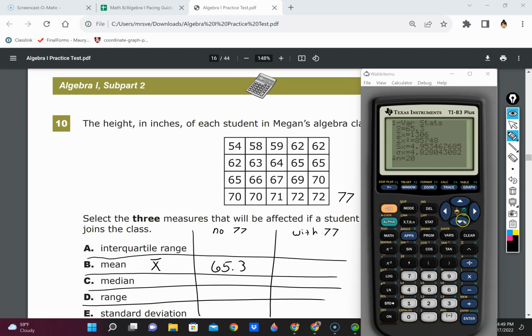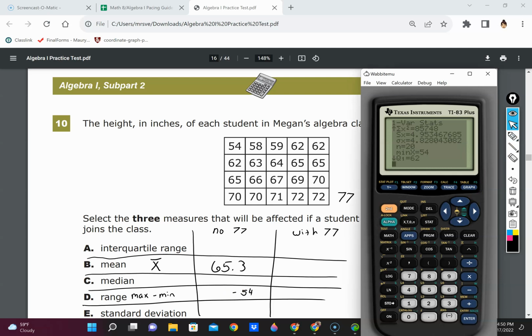If you scroll down through your data, it will give you your minimum value, and that's going to help us find the range, because remember, your range is your max value minus your minimum. So our minimum is 54, and we'll keep scrolling.